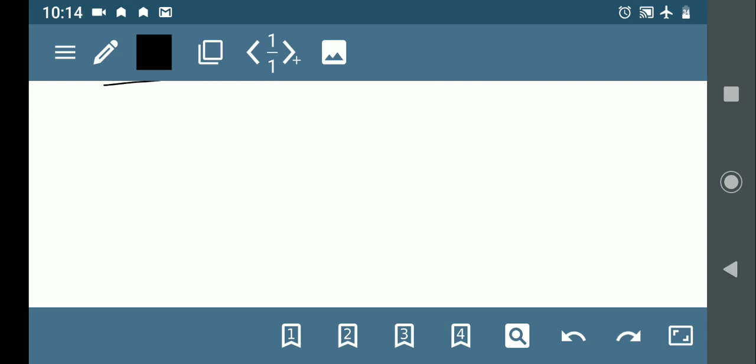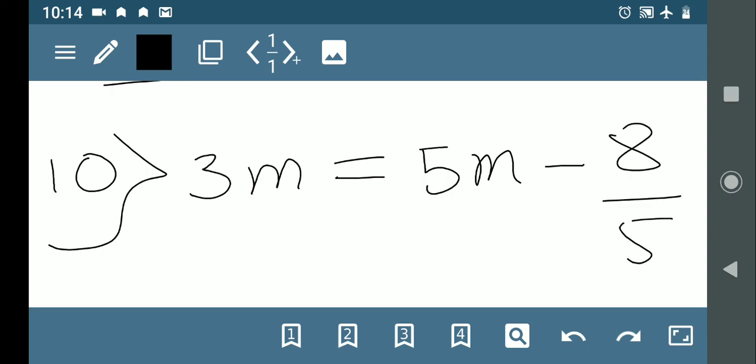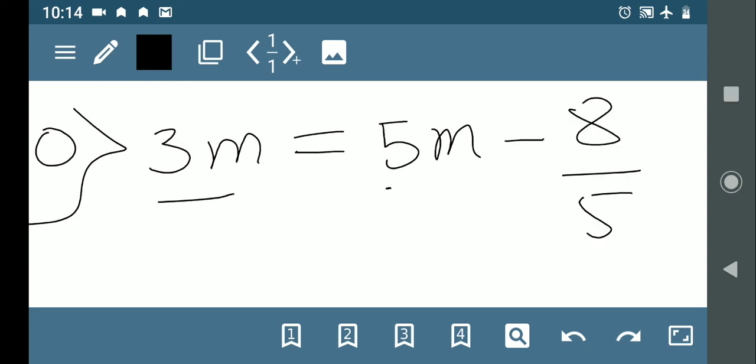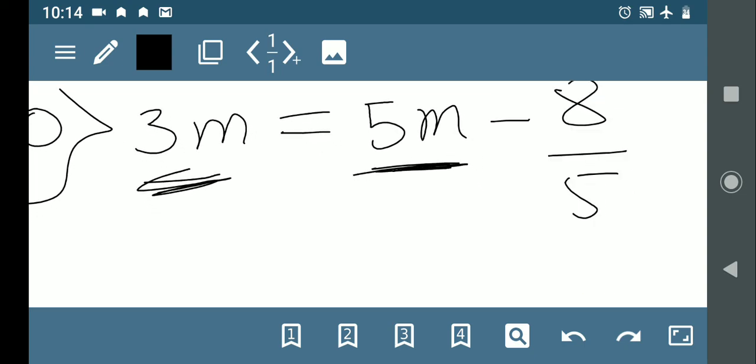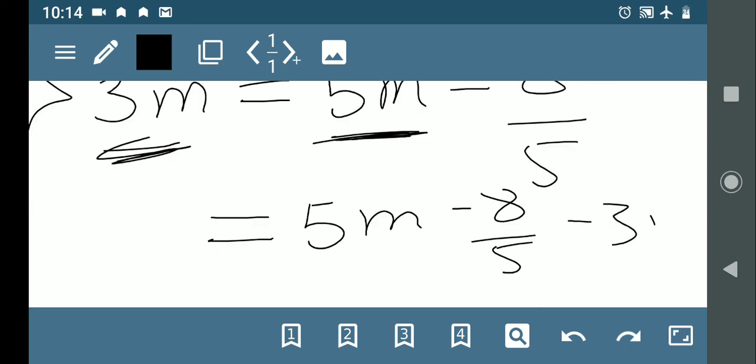Next, the 10th problem. Here we have 3m is equal to 5m minus 8 by 5. 3m and 5m: 5m is bigger, and both are positive. I will take minus 3m to the RHS. 5m minus 8 by 5 minus 3m.